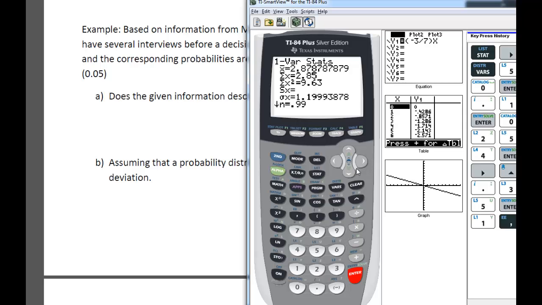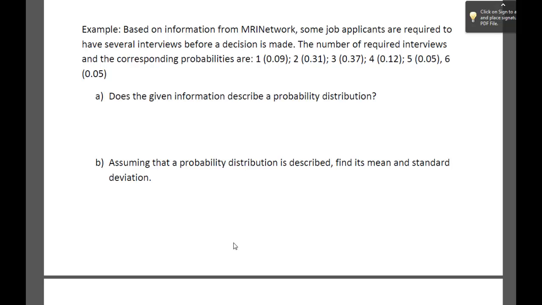That's our average, or our mean. And then the standard deviation is 1.2. All right, did we answer the question? Find the mean and the standard deviation. Okay, questions about that? Okay, very good.